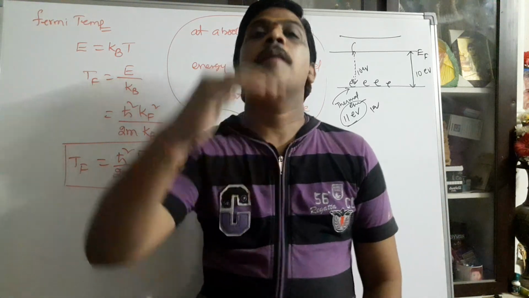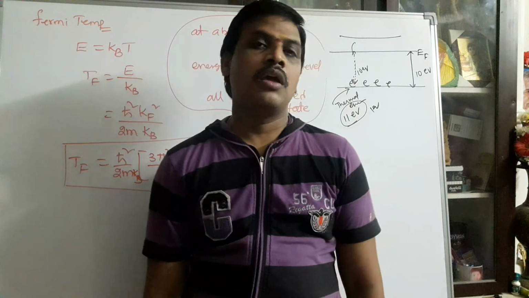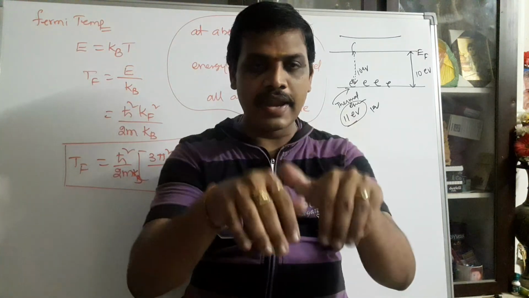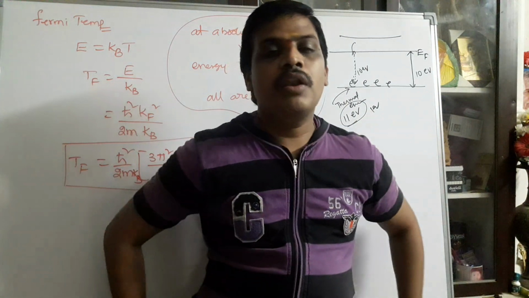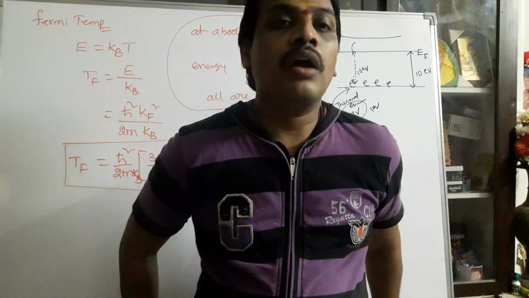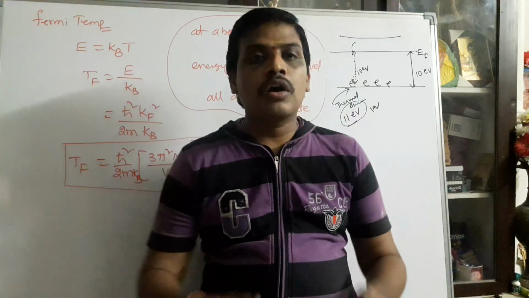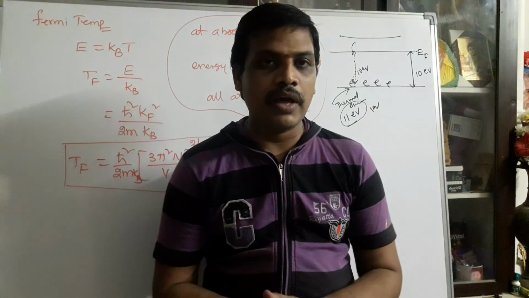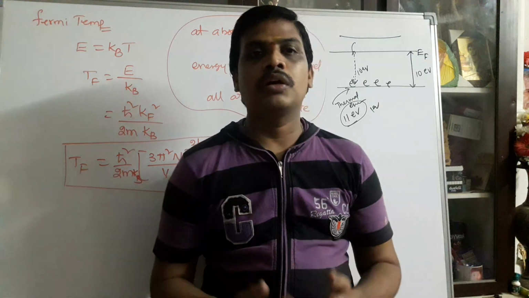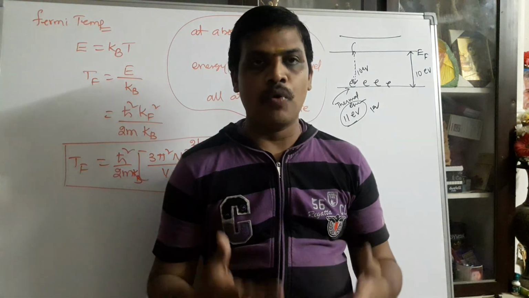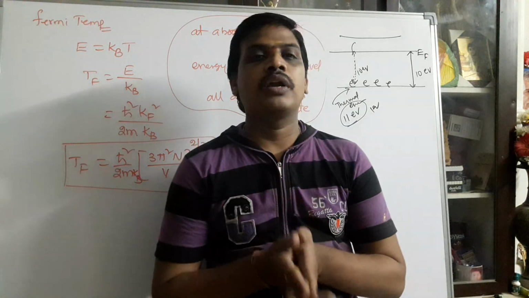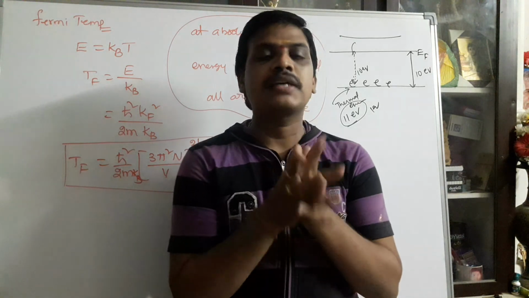What about above the absolute temperature? Above the absolute temperature, how are electrons occupied in the energy levels? For the occupied energy levels above the Fermi energy level, the next and very important topic is Fermi-Dirac statistics.